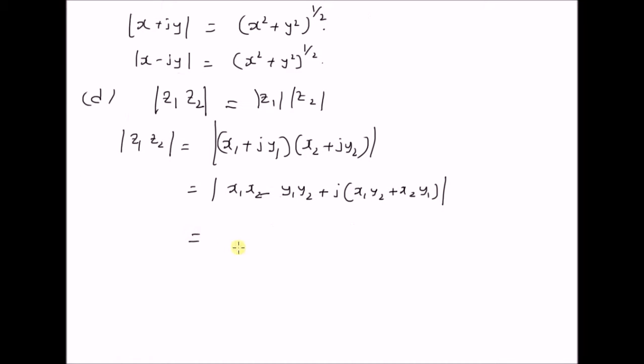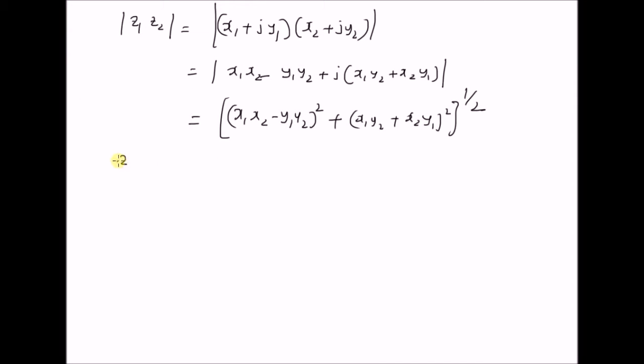Therefore, the absolute value is given by x1 x2 minus y1 y2 whole square plus x1 y2 plus x2 y1 whole square power 1 by 2. See, this is the absolute value of the product z1 and z2.